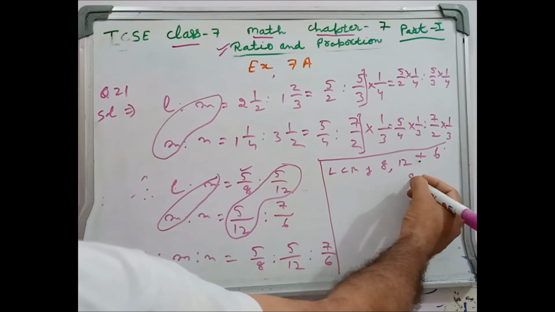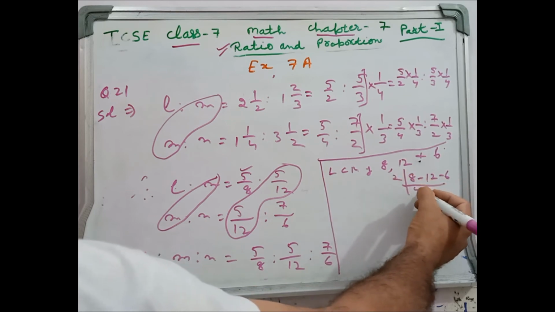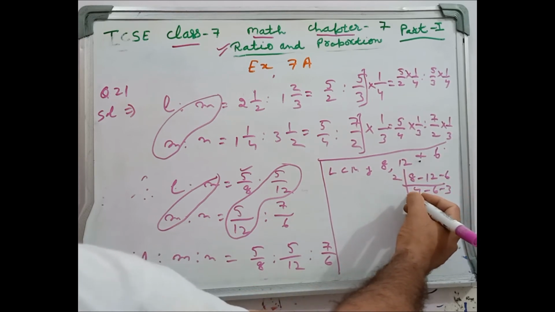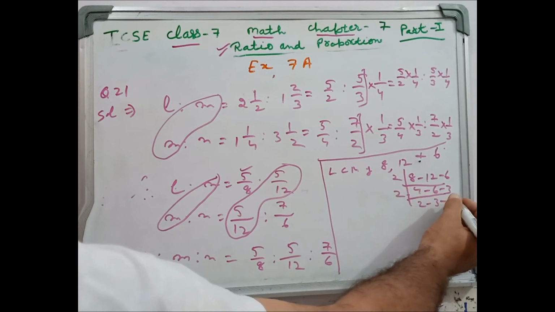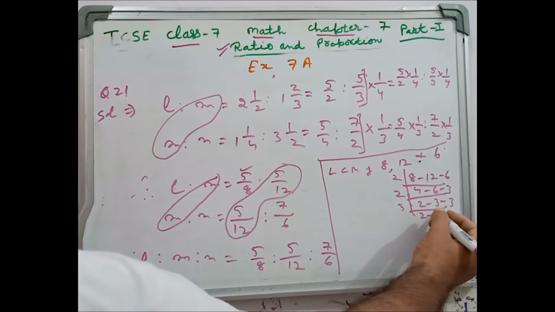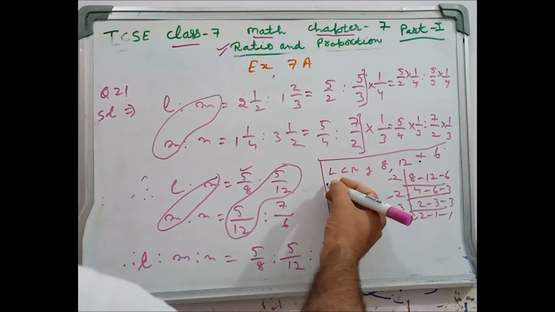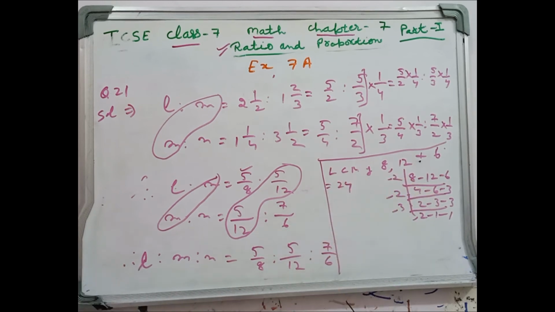So LCM would become 8, 12, 6, 2 4 ja 8, 2 6 ja 12, 2 3 ja 6, 2 2 ja 4, 2 3 ja 6, 3 2 ja 6, 2 ja 12, 2 ja 24. So our LCM is 24.